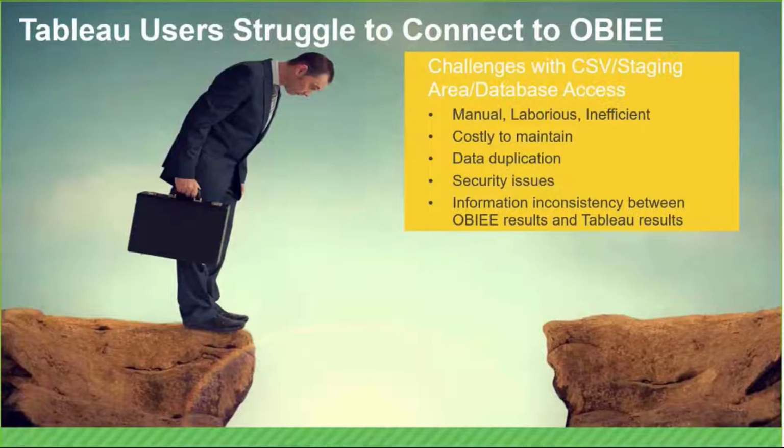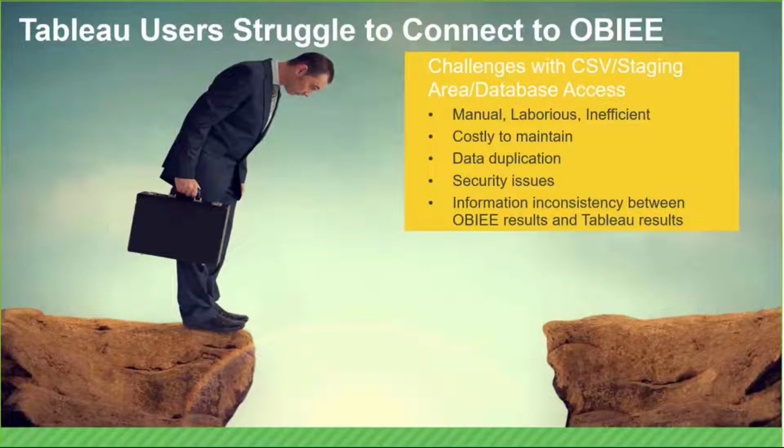Now, the data is well secured in OBIEE, but when you bring it out of OBIEE, how do you make sure that you have proper governance on the data, in terms of the right people getting access to the right data? And the last one is information consistency. In OBIEE, you have data that is well built, well developed, and you have the confidence that the results are correct.